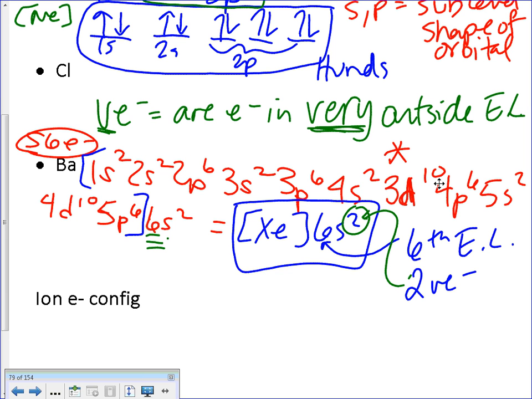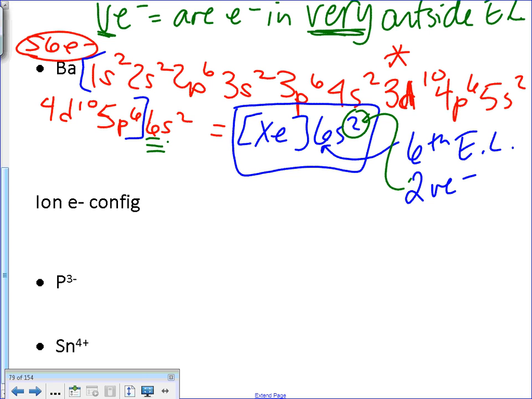Orbital diagram. Let's draw a part of this because I want you comfortable with the D block ones. Actually, no. Let's do the orbital diagram for iron. Electron configuration first. Iron's in the middle of D block.